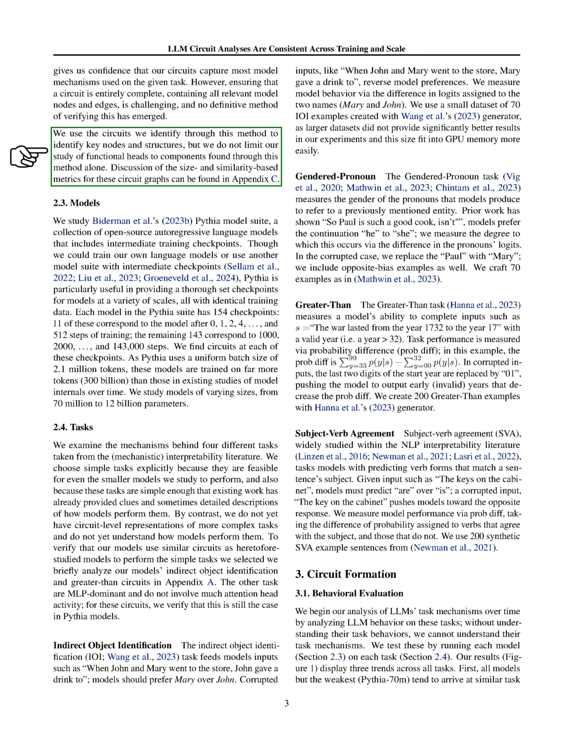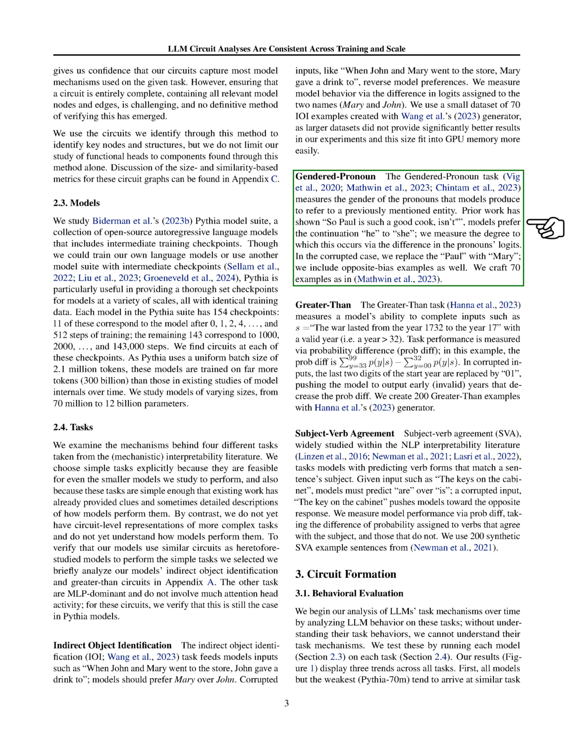For instance, in the indirect object identification task, we analyze how models prioritize between different entities in a sentence. Similarly, in the gendered pronoun task, we investigate the gender associations made by the models when referring to specific individuals. By studying these tasks and analyzing the circuits identified by our method, we aim to gain insights into the inner workings of these language models. Our approach allows us to uncover key nodes and structures within the models, providing a deeper understanding of their functionality.